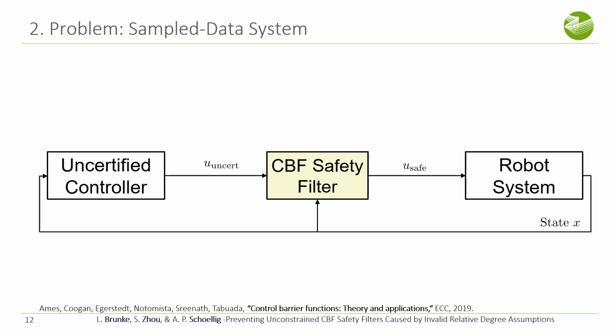The second issue is that we cannot determine new control inputs infinitely fast and only get discrete measurements from the system. This means whenever the relative degree is not equal to 1, we apply arbitrary control inputs for the duration of the sampling time.